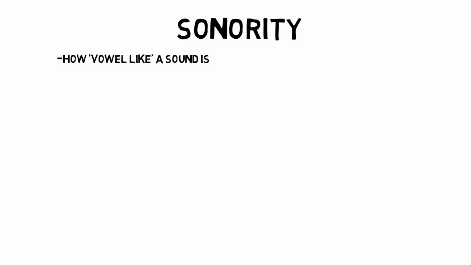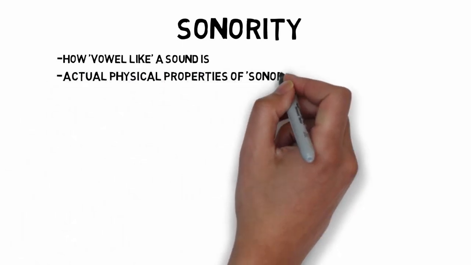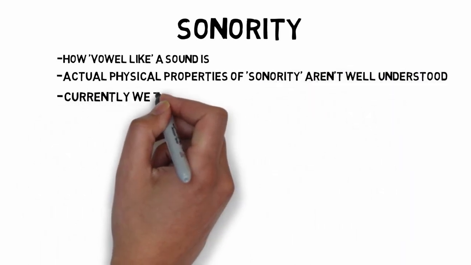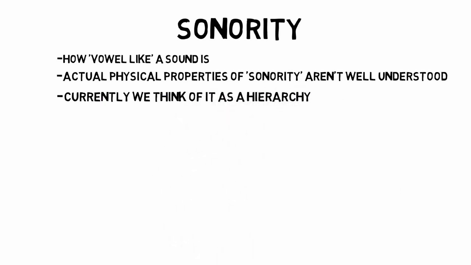Ideally, the more obstruction there is in the vocal tract, the less sonorous a sound is. The actual physical and acoustic properties of sonority are not very well understood, but for now, we can describe sonority as a cline or a type of hierarchy where some sounds are more sonorous than others.